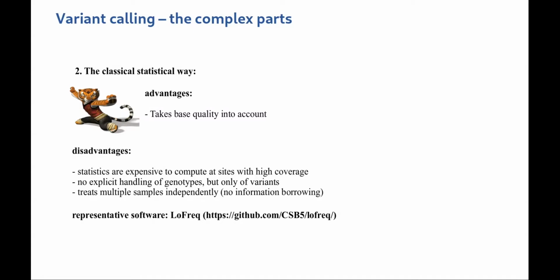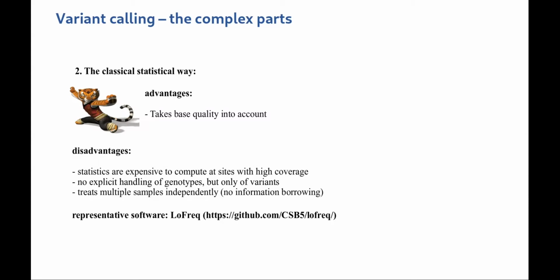So you only reject the null hypothesis, there is no variant, and you find there is a variant instead. But then the genotyping itself for called variants has to be done in a follow-up process somehow, possibly through thresholding again. And again, it treats multiple samples independently of each other. Again, no information borrowing like with our simple approach.